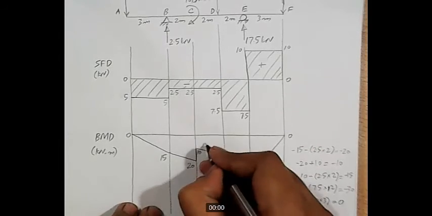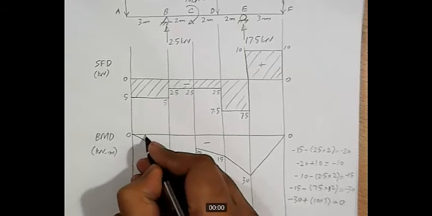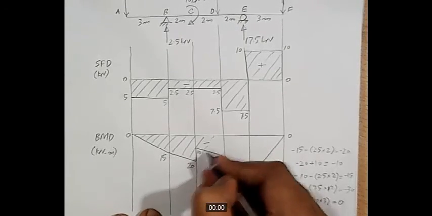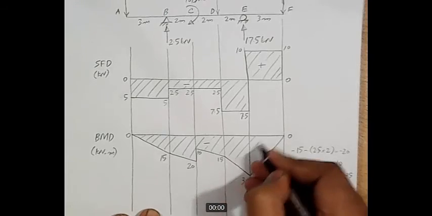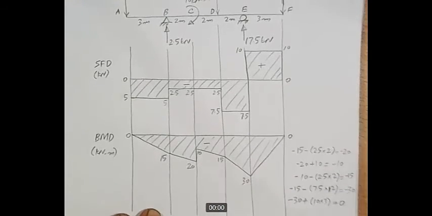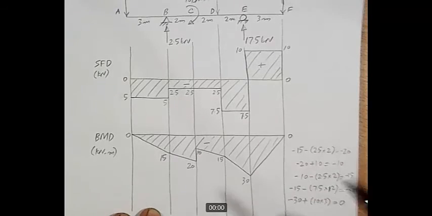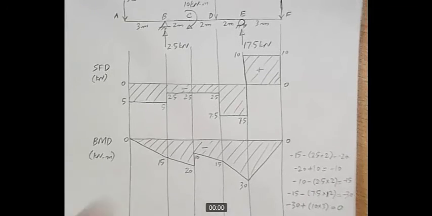So the entire bending moment diagram is negative here. So this completes our bending moment diagram using the direct method, and you guys would have surely noticed that this method is a lot easier and simpler as compared to the laborious method of equations.